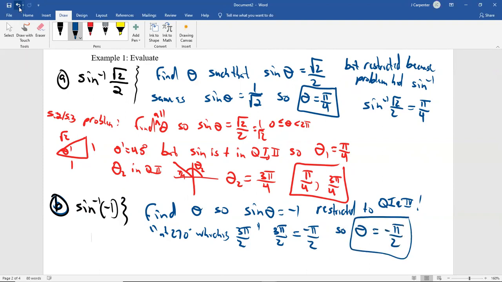I know it seems ridiculous that 3 pi over 2 is the same answer. It's coterminal, and we've never had a problem with this before. And you are right that we hadn't had that problem before. But in life, very often, we have to restrict ourselves to a very small set of rules, parameters, values, whatever. And there's a lot of things we do with inverse trig functions, so this is important.